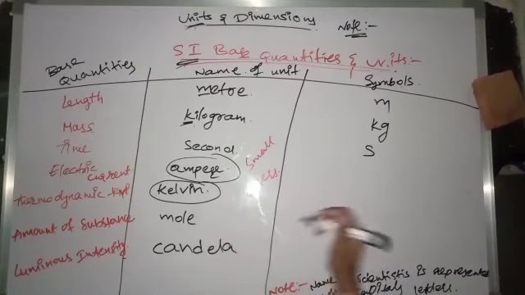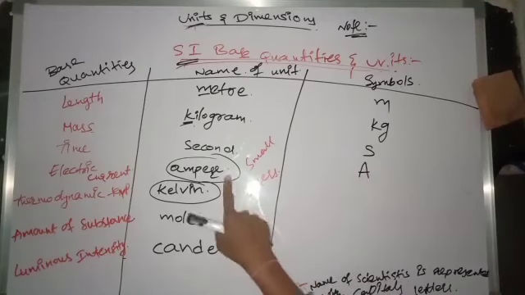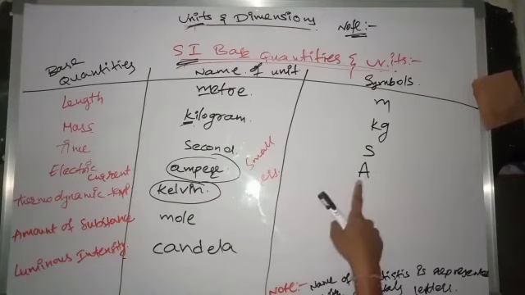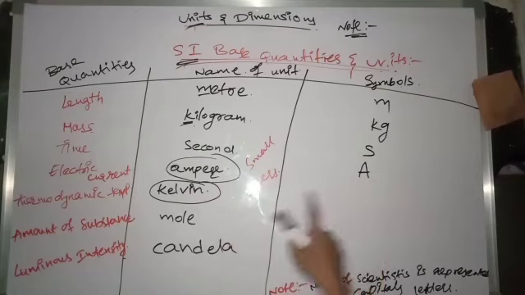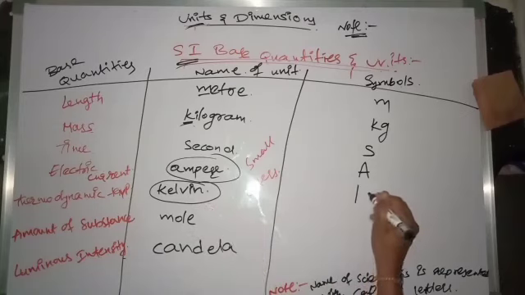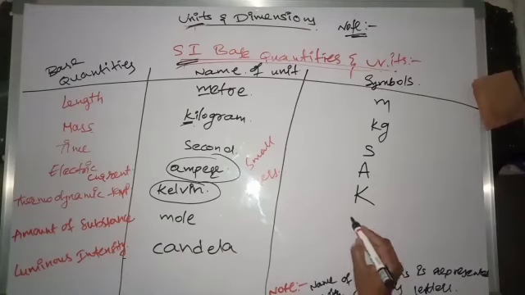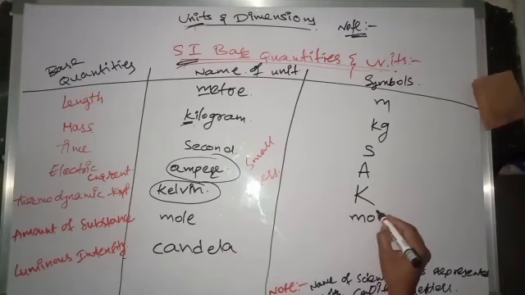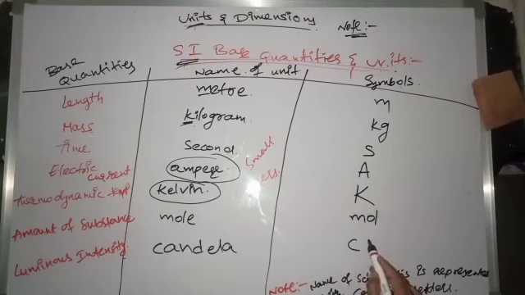Ampere: see here, ampere is the scientist name, so I am writing the symbol of ampere as capital A. And kelvin is also a scientist name, it's also a capital letter. And the symbol for mole is mol. And candela, capital C, small d. It's also not a short form or an abbreviated form of candela. It's a symbol for candela.